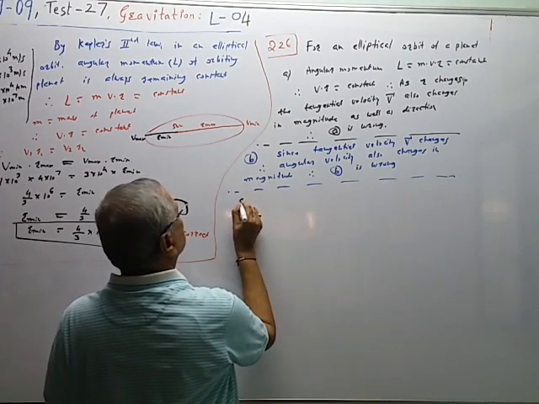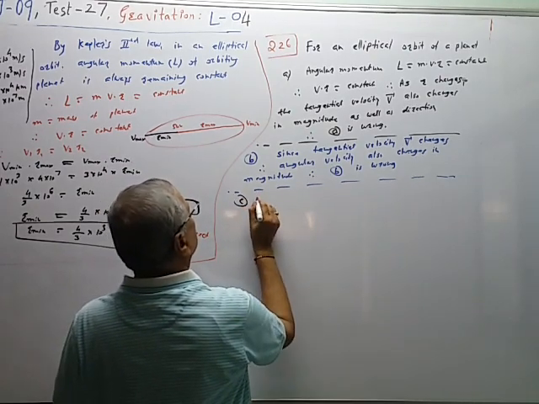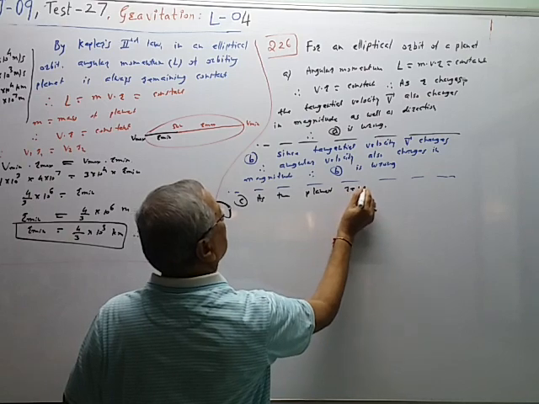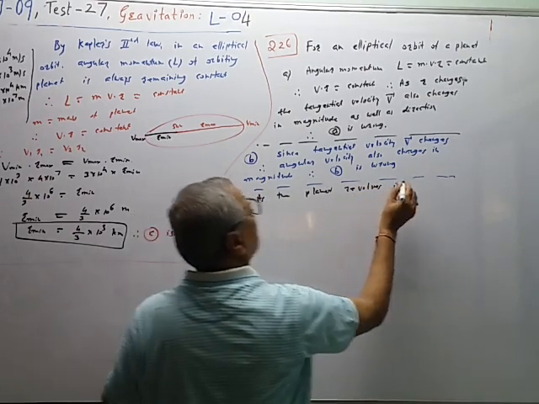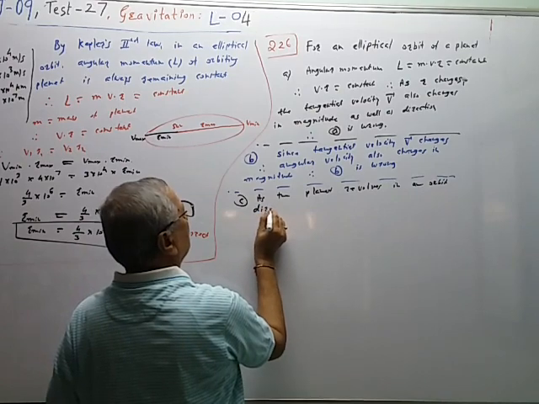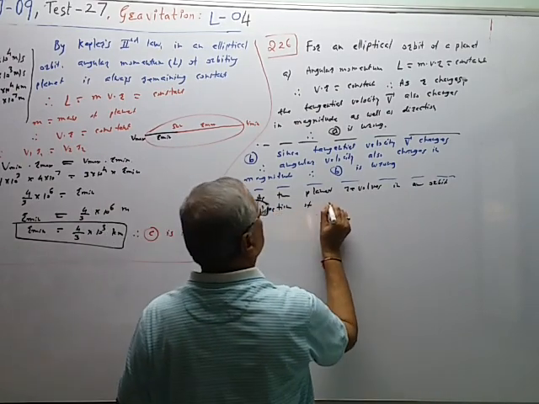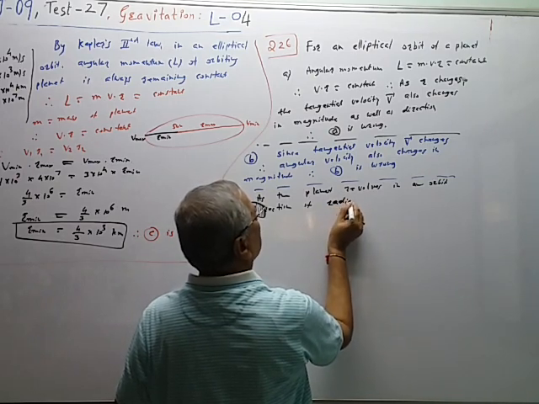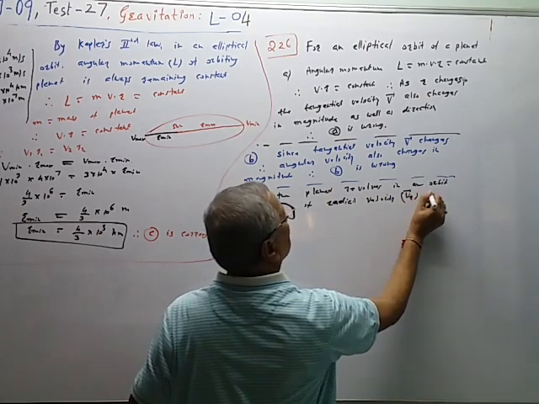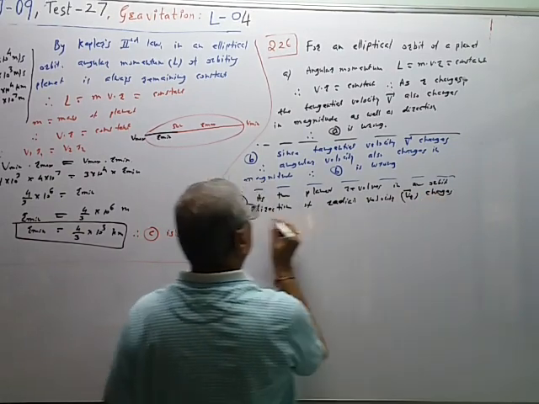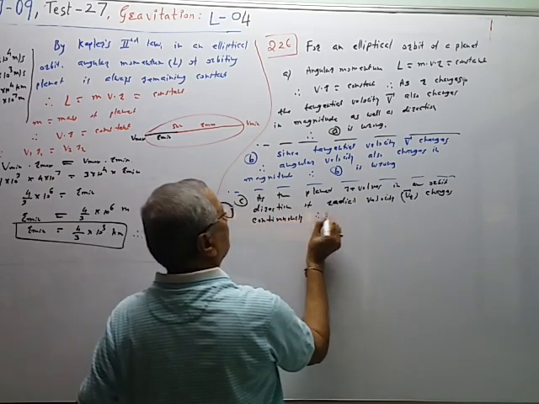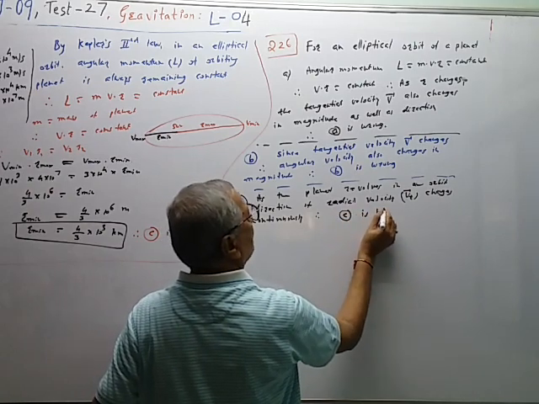C. As the planet revolves in an orbit, direction of radial velocity VR changes continuously. Therefore, C is wrong.